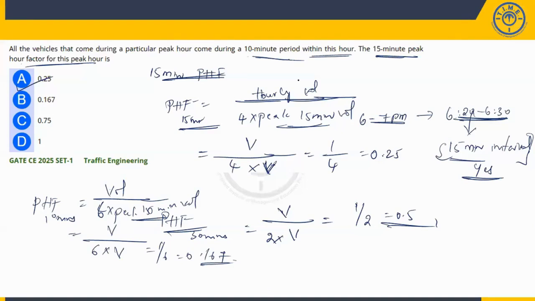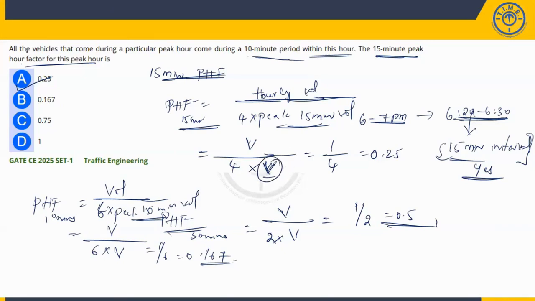As per this question, during the 10-minute peak hour factor, all the traffic is coming within this period. Then at any time, it will be the same. If the question says 50% of the vehicles during a peak hour come in this 10-minute period, then it becomes V by 0.5V in the denominator.